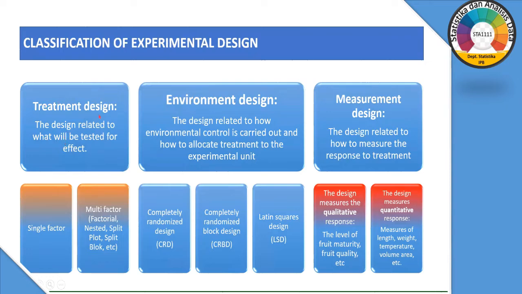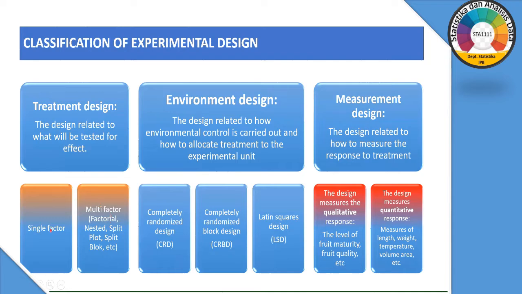The treatment design is related to the treatment we want to apply to the experimental object, related to what will be tested for effect. So we can design our treatment. There are 2 types of treatment design: single factor experiment or multi-factor experiment.